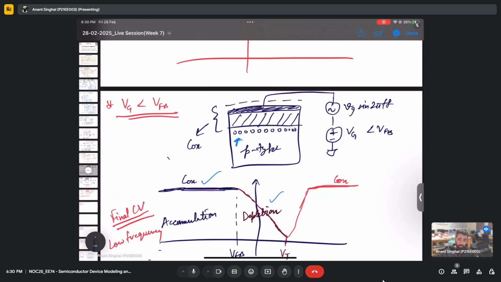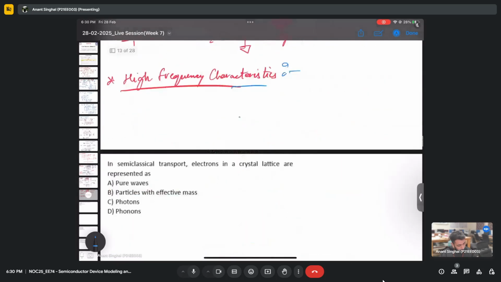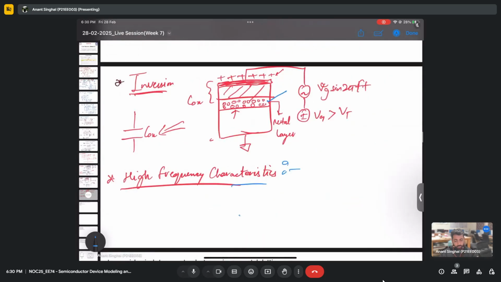But now in the inversion layer, what we want is to have the thermally generated electrons at the semiconductor interface, which is what we made here. To create this, we should not go to a frequency above the thermal generation rate of these electrons, because these electrons are getting thermally generated.